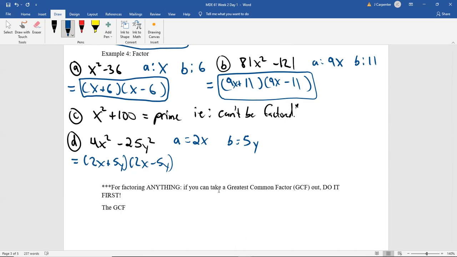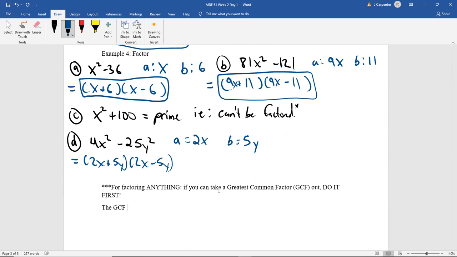Now, I'm going to do an example in just a minute after explaining this, but when you're factoring anything, when you look at the problem, the first thing you should do, something we haven't done so far, is see if there's a greatest common factor, GCF. If there is, you need to factor that before you take anything else out because it's going to make your life way easier, and the problem could actually be impossible without doing that first.